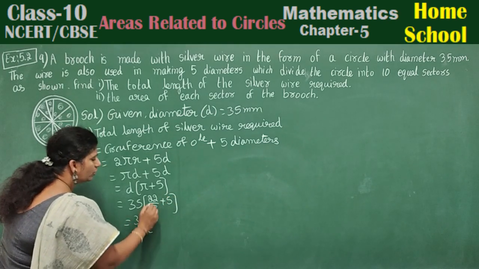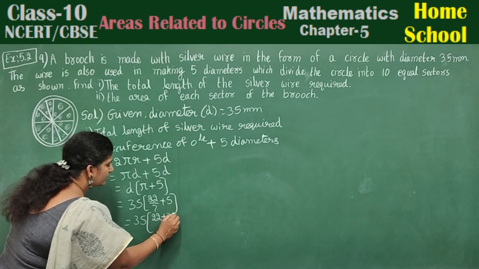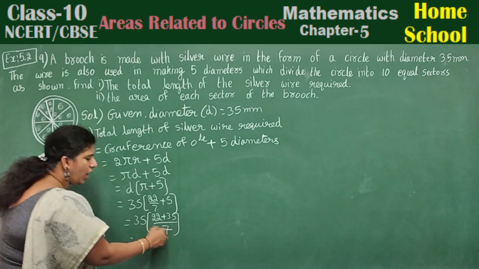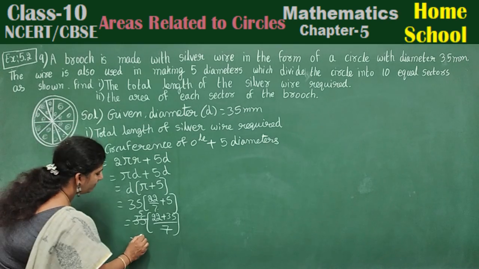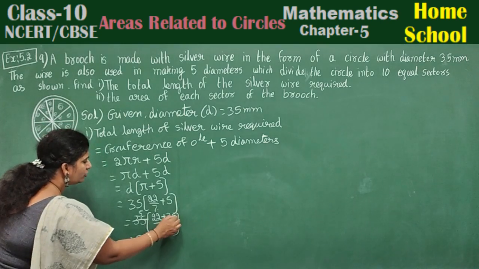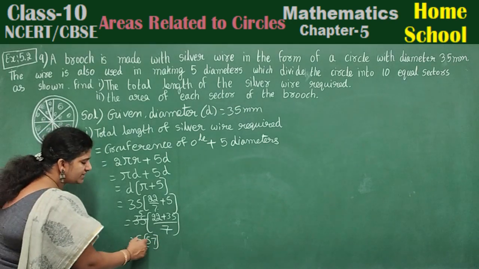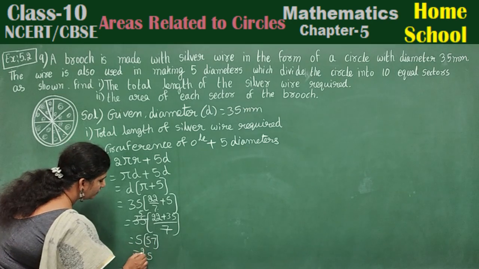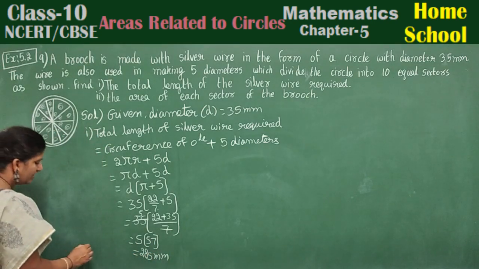35 into, do the LCM: 22 plus 7 fives are 35, over 7. If you want, you can cancel here. 7 fives are 35. 22 plus 35 is 57. 57 into 5 is 285 millimeter.